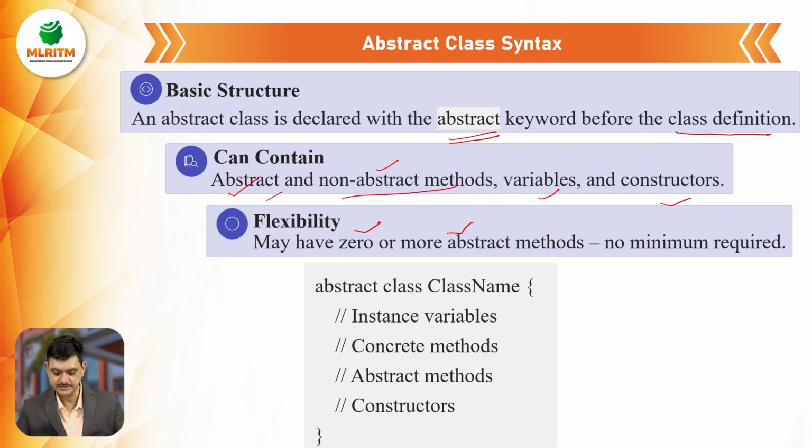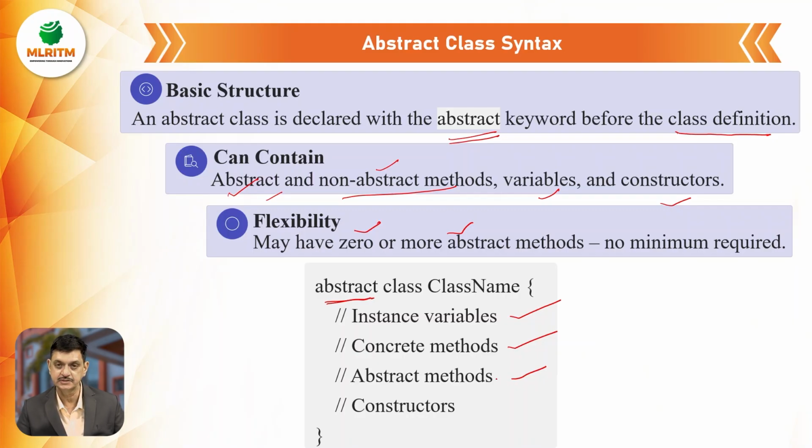So an abstract class is created using the abstract keyword before the class declaration. It can contain any number of instance variables. It can contain concrete methods, which means fully defined methods. Unlike abstract methods, they contain all the required code. Abstract methods contain partial code, with no body at all.